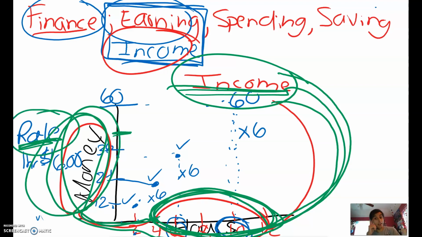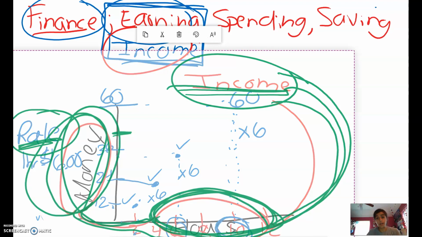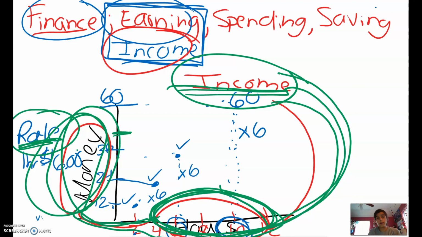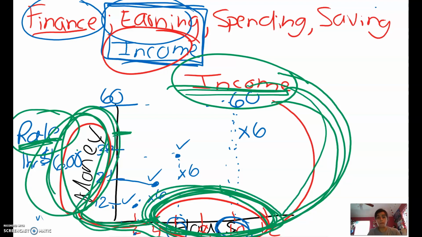The rate is another factor we'll cover later on. But you're going to focus on income, which is the amount of money earned based on the hours. So the more hours one works, the higher the income.